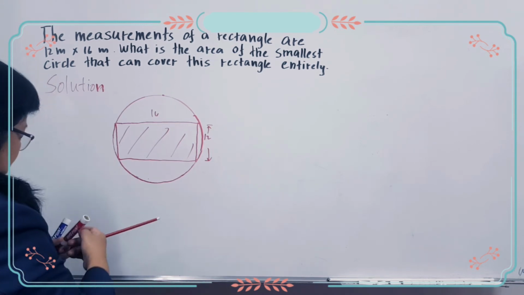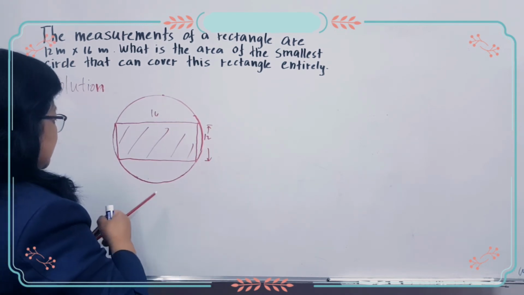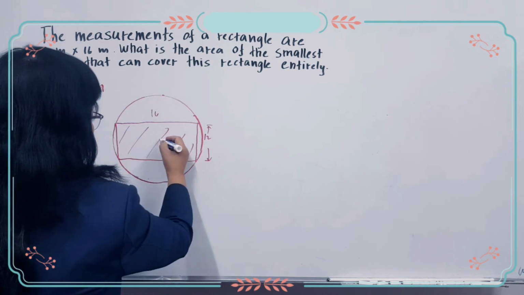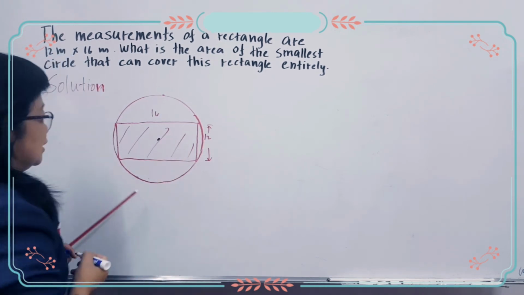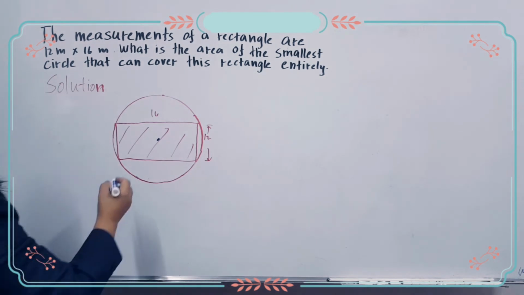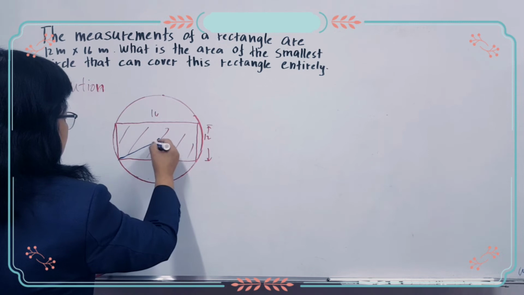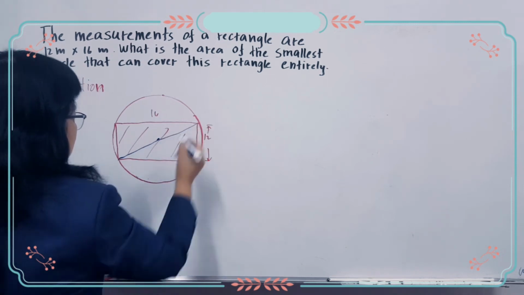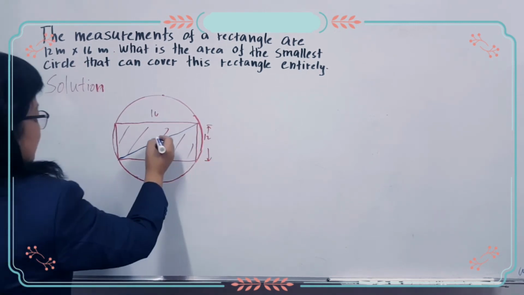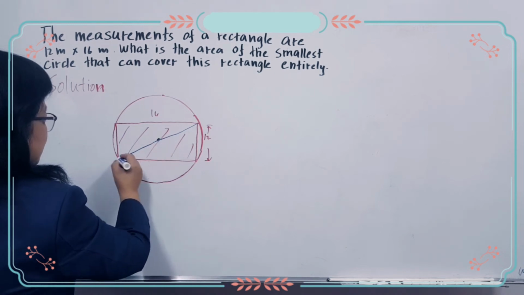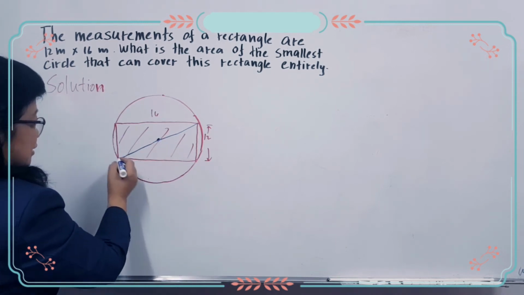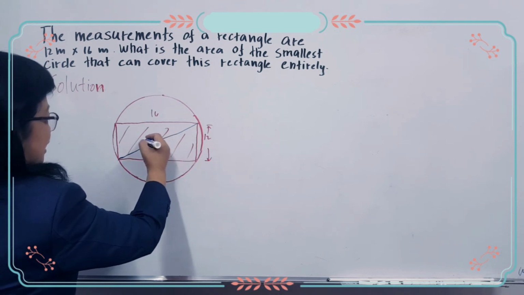Now, this is the center of the circle. Of course, if you touch this one from here to there, in a circle, this one from here to here is the diameter.